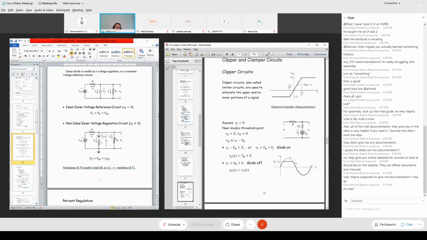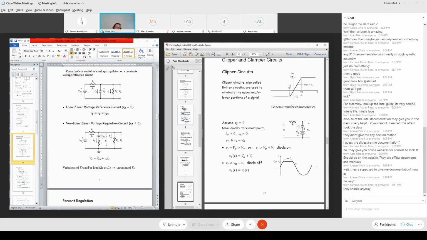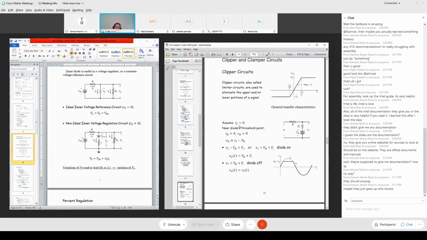There's a constant voltage drop, V gamma, because we assume the simplest situation, the forward resistance is 0. So the output voltage VO just equals VB plus V gamma. So that's under the condition the diode is on.